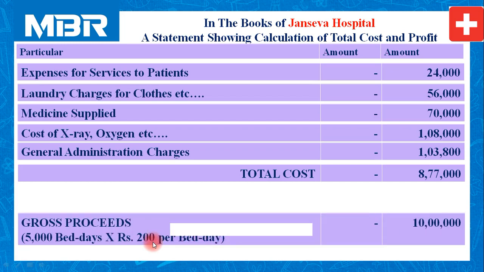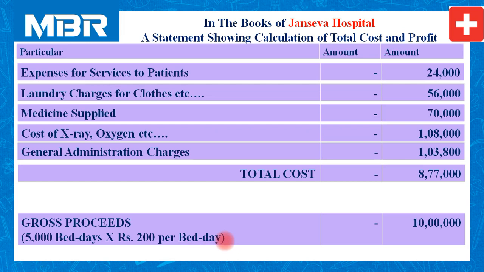Let us calculate the revenue of the hospital using this information. The amount collected by the hospital from the patient is rupees 200 per bed day, or you can say rupees 200 per patient per day.